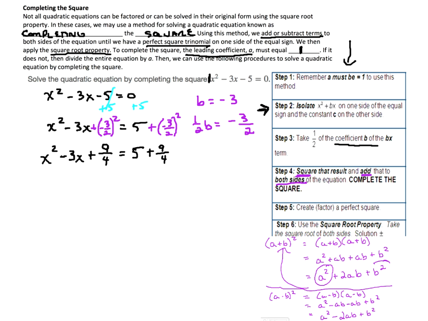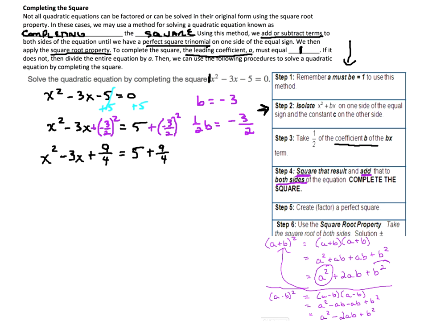All right, so basically, you know that your middle term is negative here. So it had to be an a minus b times an a minus b. And I'm looking at the left-hand side. I know that my a had to be x, because x times x is x squared.